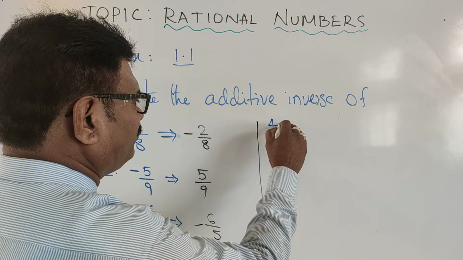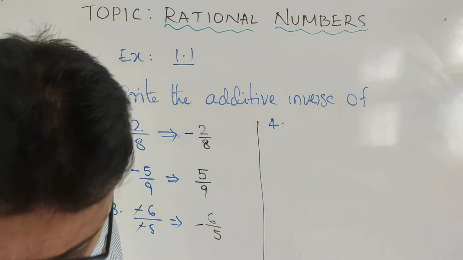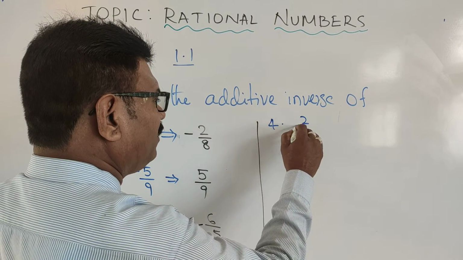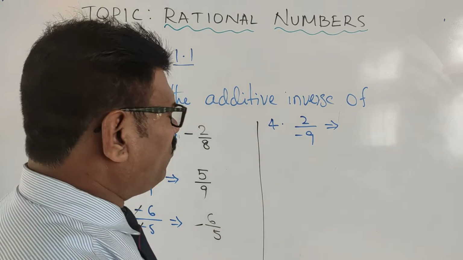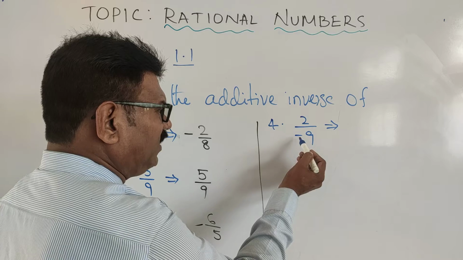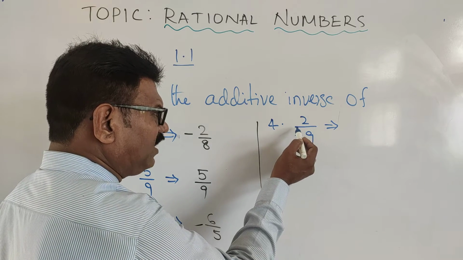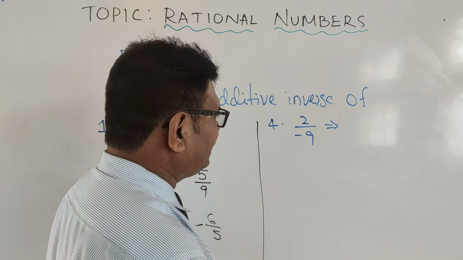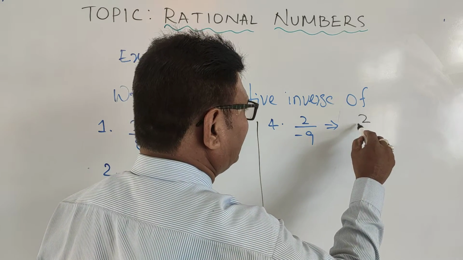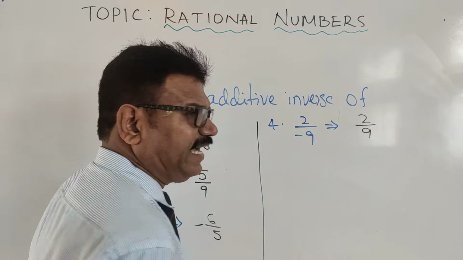Very simple problem, just 1 mark or half mark. 2 by minus 9. Here, one thing I want to say very clearly: whether the sign is written down or up here, it is one and the same. Therefore, the minus sign has come. What is the opposite sign for this? Only 2 by 9.